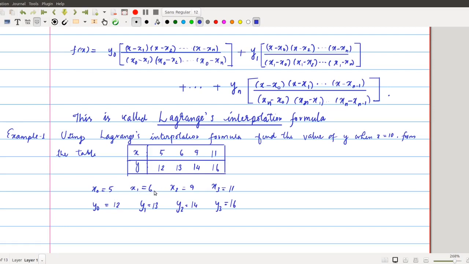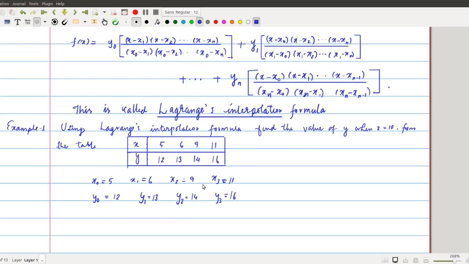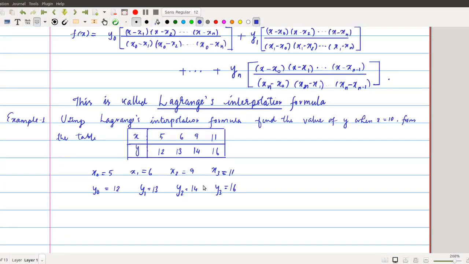The difference between 5 and 6 is 1, but the difference between the consecutive numbers 6 and 9 is 3. So we consider these unequal intervals and use the Lagrange interpolation formula. If the values were at equal intervals, we could use the Newton-Gregory interpolation formula. In this case we use Lagrange's formula.